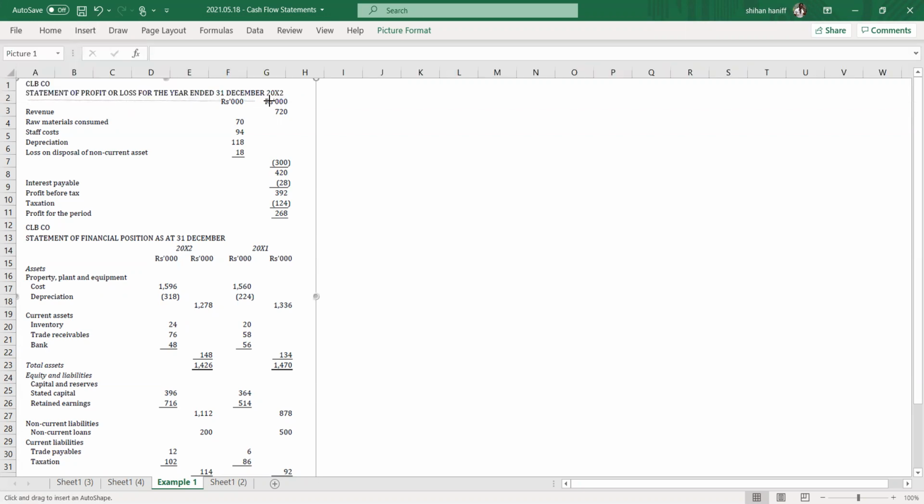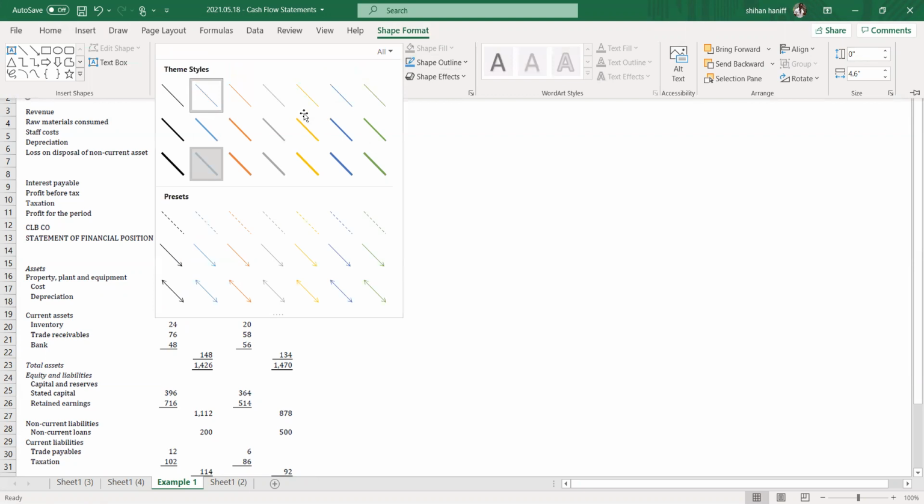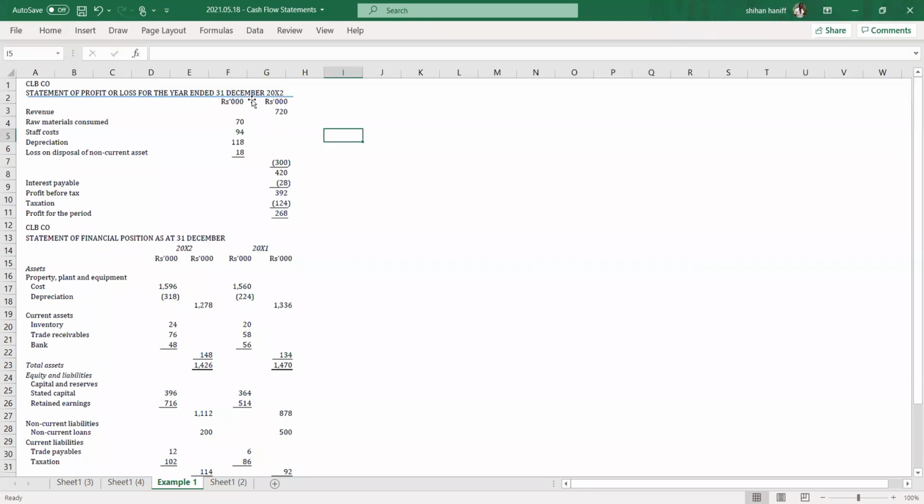So we have the statement of profit or loss. Revenue, raw material consumed, staff cost, depreciation, loss on disposal of non-current assets, interest payable, profit before tax, taxation, profit for the year.